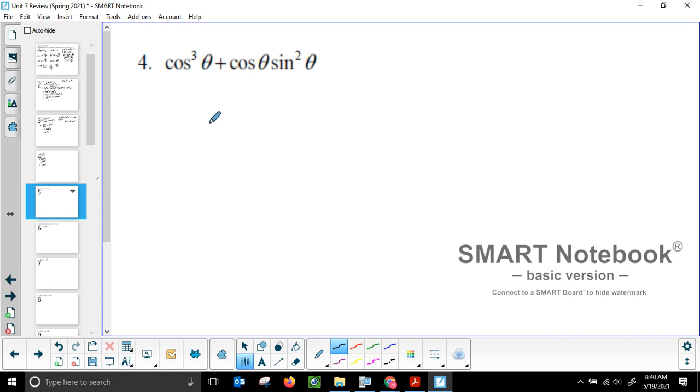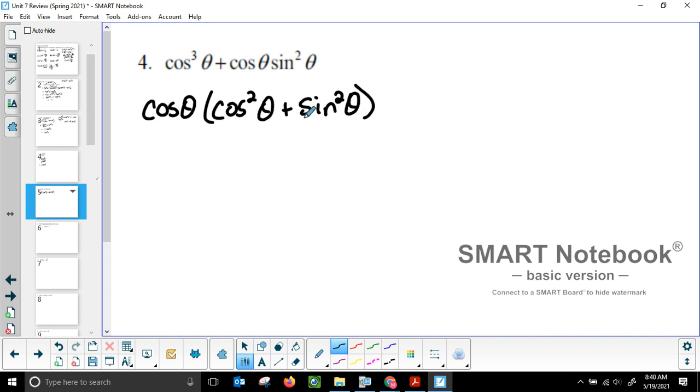All right, so number 4, cosine cubed theta plus cosine theta times sine squared theta. Both of these terms have a cosine, so we can factor a cosine theta out. When we do that, what we're left with is cosine squared theta plus sine squared theta.